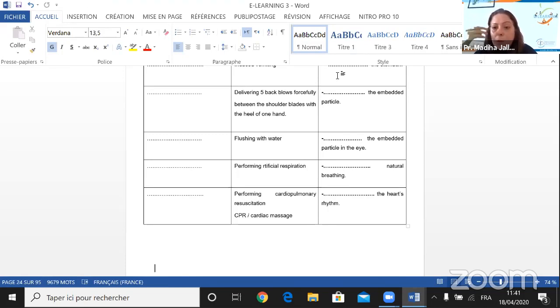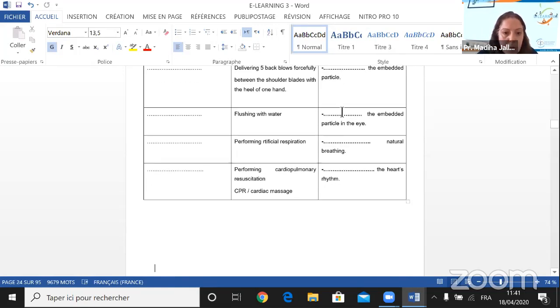What happened to the eye? What do you want to do? There is an embedded particle in the eye. There is a small lodged particle in the eye. So you will remove it. So here the outcome is removing the embedded particle or dislodging it or clearing it. And the problem here is a foreign body in the eye.